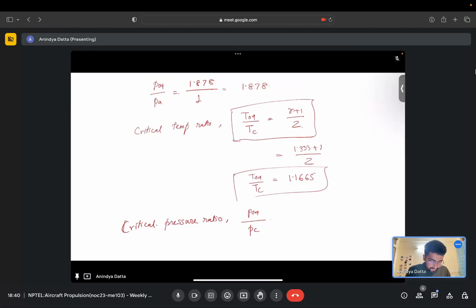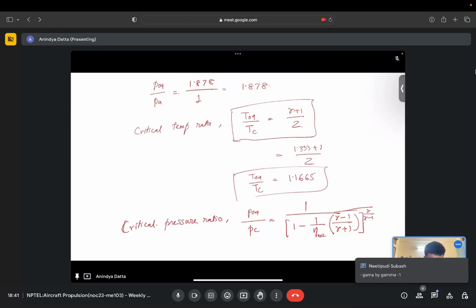That is given by 1 by 1 minus 1 by eta nozzle, the isentropic efficiency, times the bracket gamma minus 1 by gamma plus 1, the entire denominator raised to the power gamma by gamma minus 1. This is the expression for critical pressure ratio for a given value of nozzle isentropic efficiency, eta nozzle.